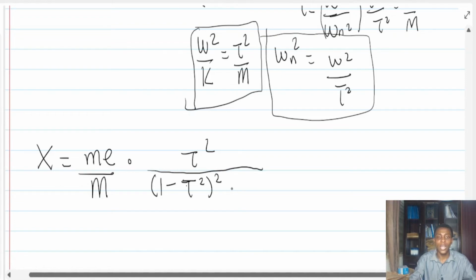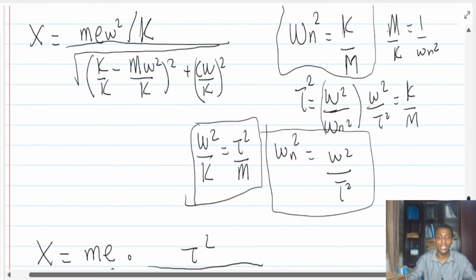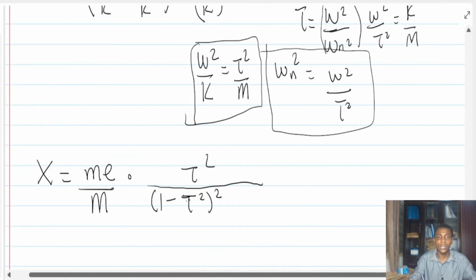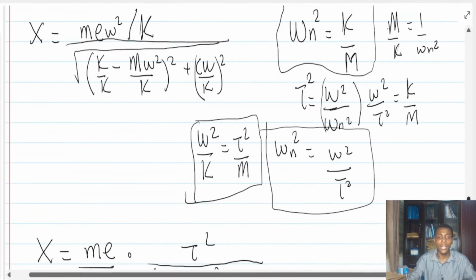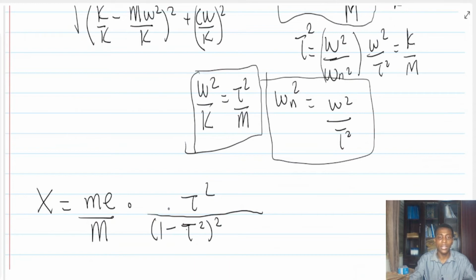So tau squared, and then plus, in fact, there is a square root. Oh, my bad. There's a square root here.